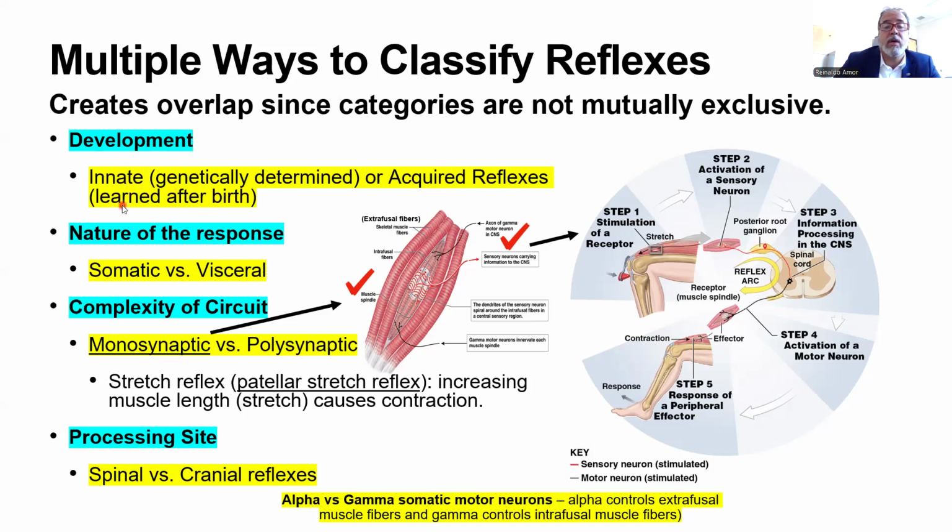For example, if you put your finger on the mouth of a newborn, immediately they start sucking on your finger, thinking it's a nipple, as if they're trying to feed themselves.